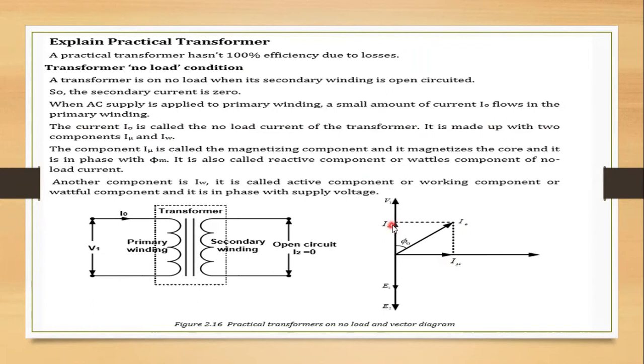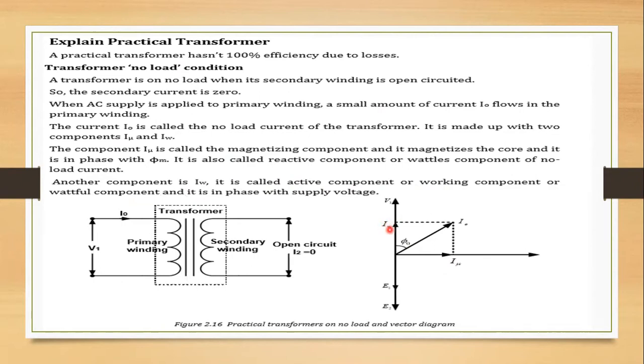The wattful component means current flowing through the resistor. IW is called the active component, working component or wattful component. That is why it can be represented in the transformer core as a resistor, an active element.